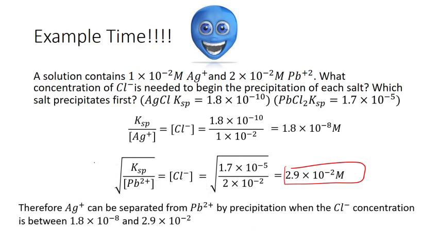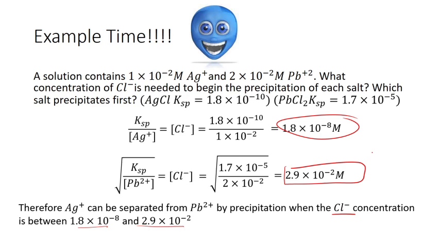So what we can tell from these two numbers is that silver can be separated from lead by precipitation. What we need to do that is keep the chloride concentration between 1.8 times 10 to the negative 8 and 2.9 times 10 to the negative 2.